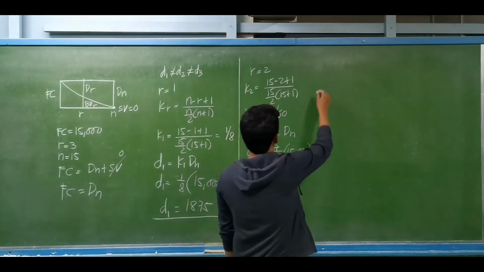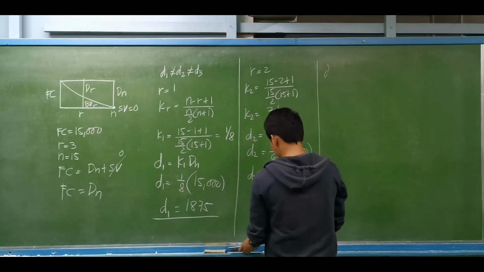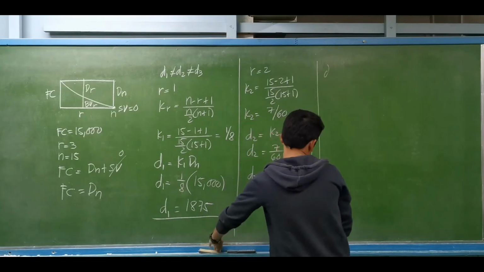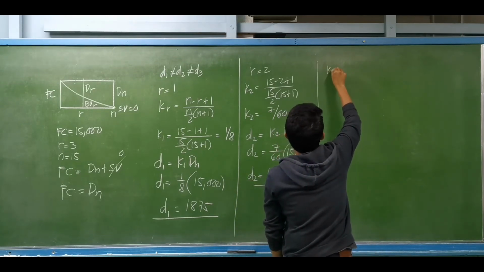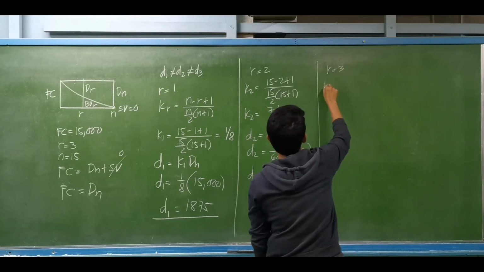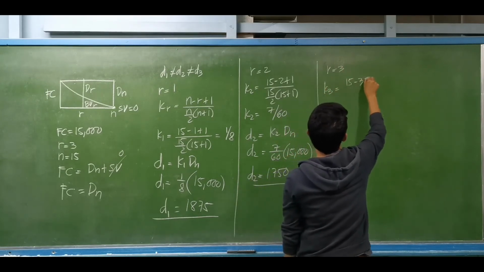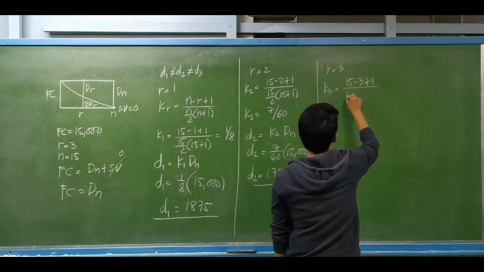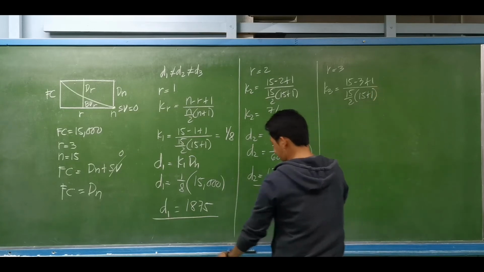Okay? Then we have the third year, since we are looking for the book value on the third year, at r equal to 3. Let's say k sub 3 is equal to 15 minus 3 plus 1 divided by 15 over 2 times 15 plus 1.